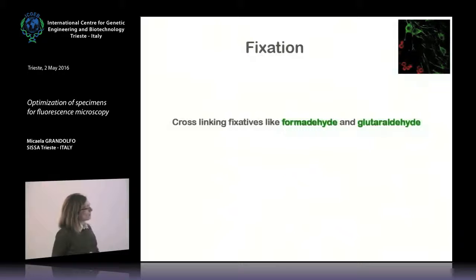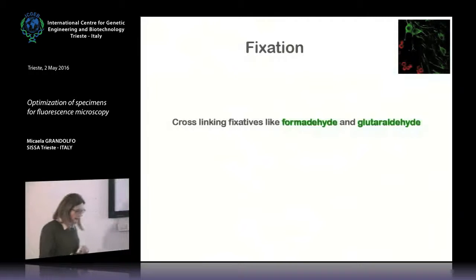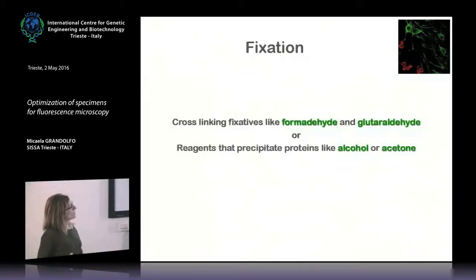I want to speak about fixation, just taking into account the problem that you can encounter using the 2 main types of fixation. I mean the problem of autofluorescence, the fluorescence due in this case to the fixative. You can use cross-linking fixatives like formaldehyde or glutaraldehyde, or you can use reagents that precipitate proteins like alcohol or acetone.